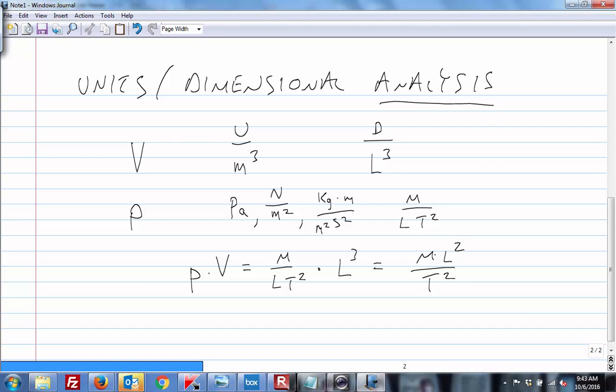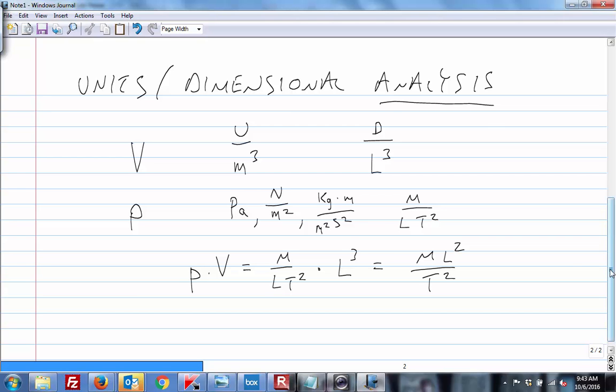Now, if you remember back to the first lectures when we were looking at the different forms of energy, kinetic energy was 1/2 mv squared. So right off the bat, you can say, look at that. Pressure times volume has the same dimensions as energy. Pretty cool.